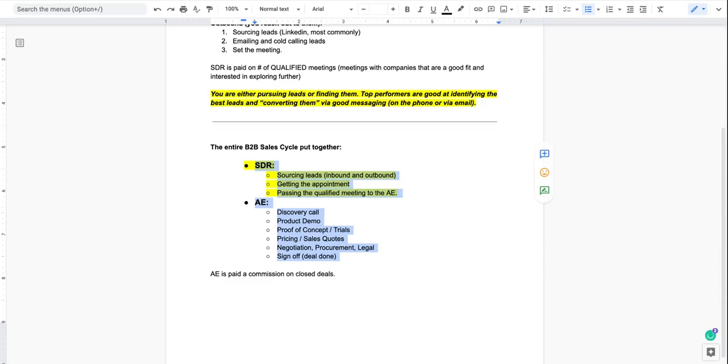So it really does vary, but overall, where you'll play a role as the SDR is in the sourcing, and then in getting the appointment, getting them initially to bite on that cold email or cold call that you send their way. And then what will usually happen is that the prospect or the potential client will say something along the lines of, no, I'm not interested, stop reaching out to me.